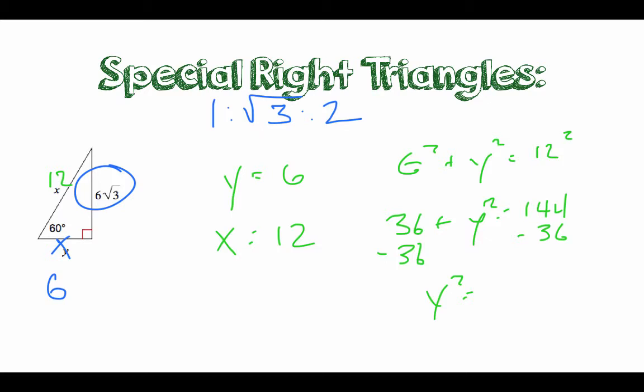And then you have to factor out that 108 and come up with some of those factors. Now you probably just want to look at perfect squares. So 108 divided by 4 would be 27 as one.